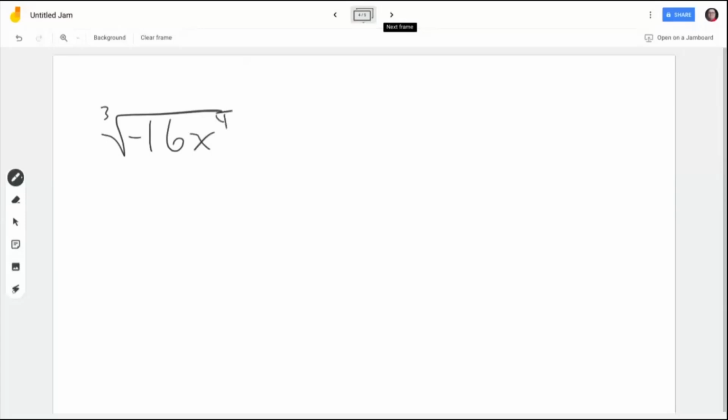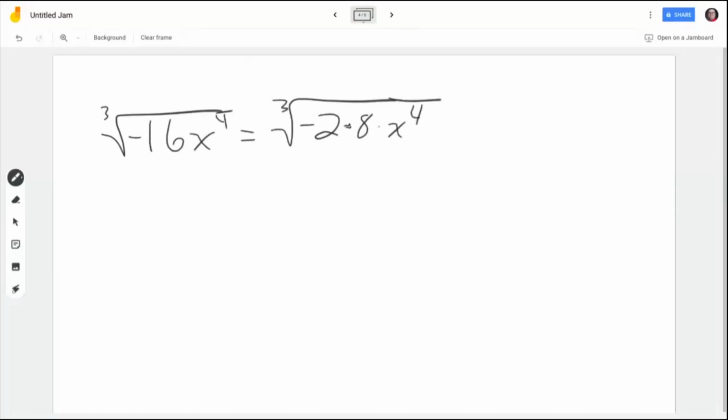All right, so it takes a little bit of thinking here. Notice that we have a negative 16. So let's try to break that out. Well, we're going to have the cube root. The negative 16, we can make that negative 2 times 8 times, let's keep it x to the fourth right now.